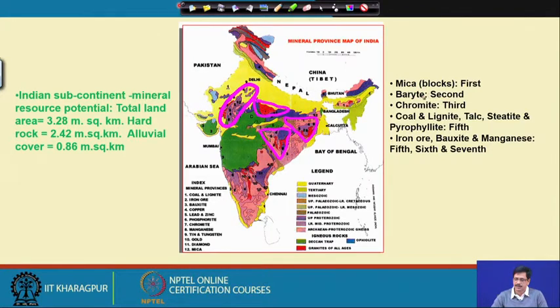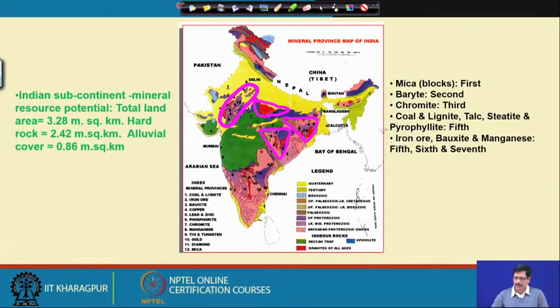Barite, we are second in production of barite, we are third in producing chromite, which is basically coming from the Singhbhum Craton, a little bit from the Dharwar Craton also along with the old mafic units, and the major chromite resources come from the Singhbhum Craton, which we will have a look at when we see the Singhbhum Craton map in detail.